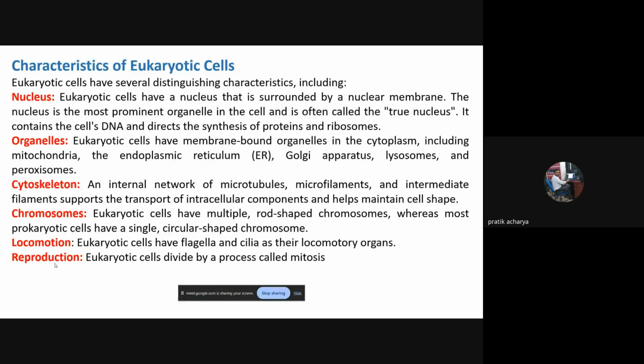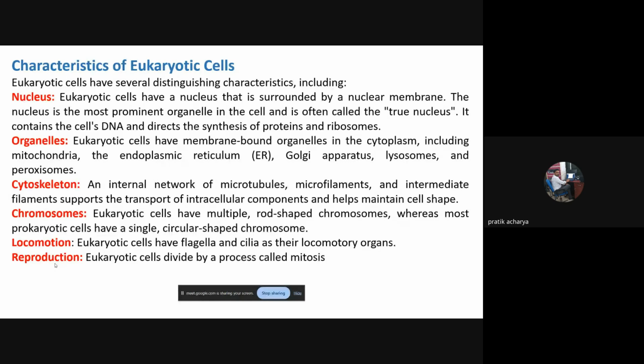Another important peculiar property of the eukaryotic cell is that it has linear DNA. That means DNA is not circular, it is linear, and organized into chromosomes. The complex structure means the cells have compartmentalization. Compartmentalization means different organelles perform specific functions. This is a very important term you have to remember.